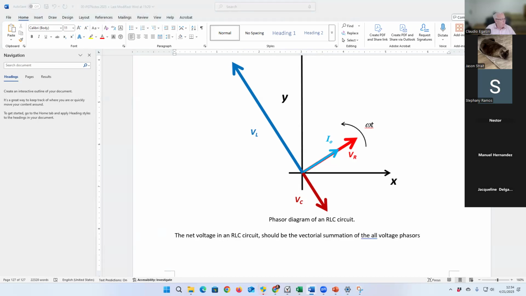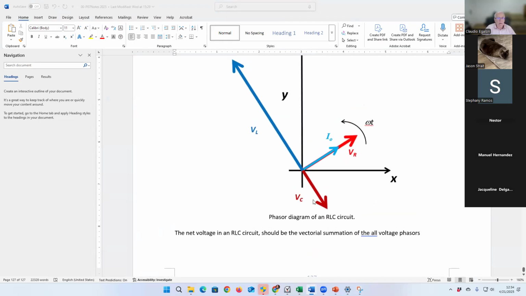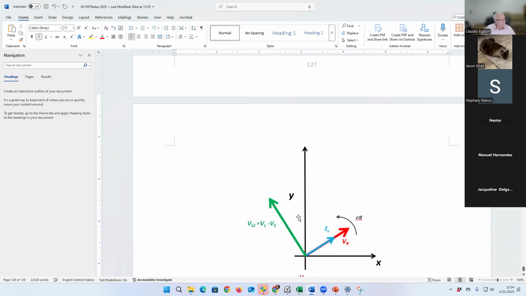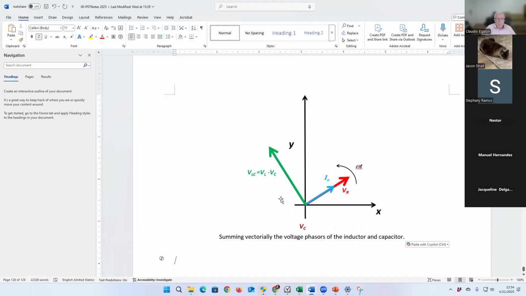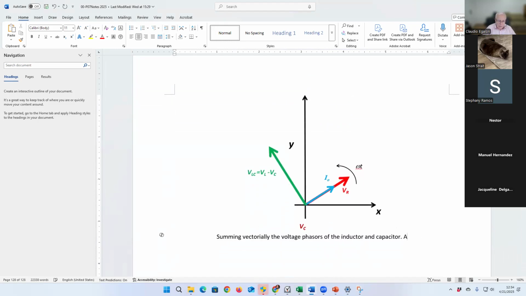Okay, and I'm going to do that in the phasor diagram first, and then we worry about the equations. VC is going to subtract from the VL. There is a 180-degree phase difference between those two voltages, right? So here you go. And then I'm calling that VLC, VL minus VC. I'm assuming that VL is greater than VC.